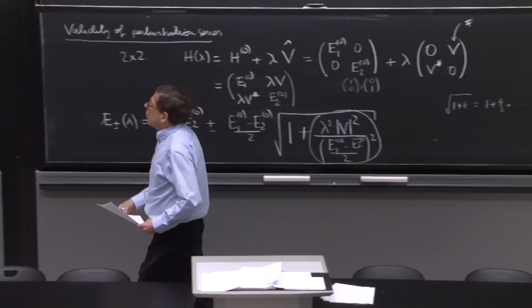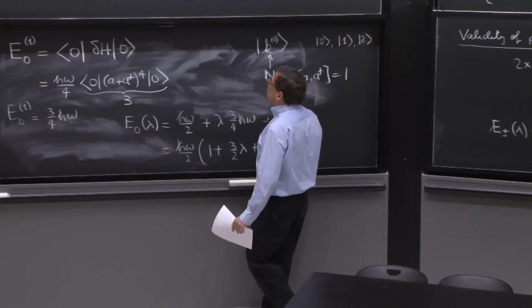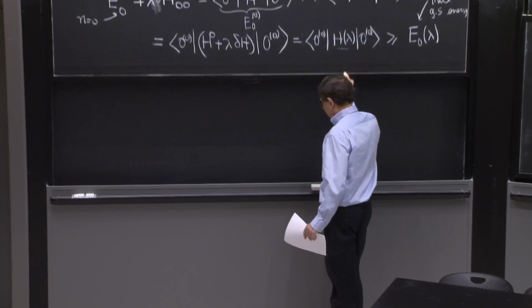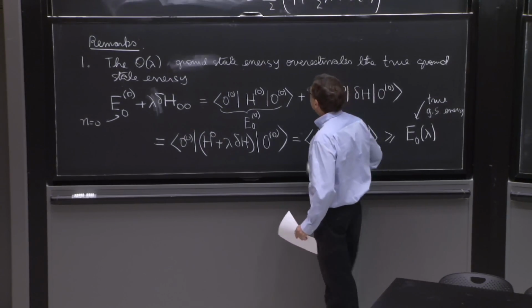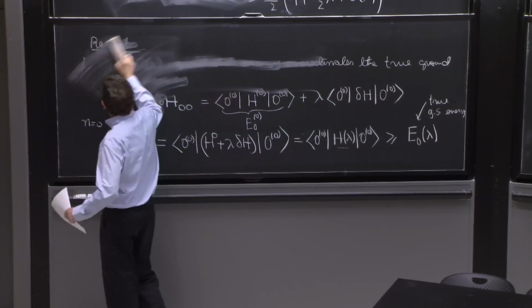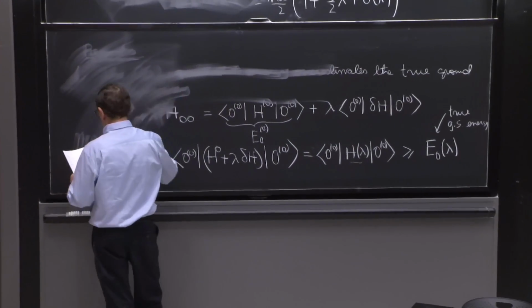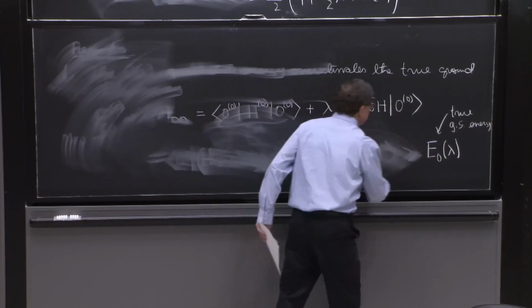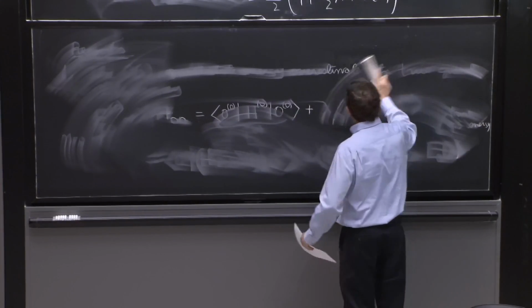What takes a bit more work is doing a higher order correction. So let's do the next one as well. For the second order correction, we have a formula, and let's see what it tells us.